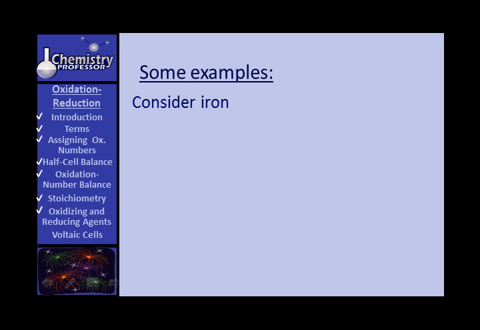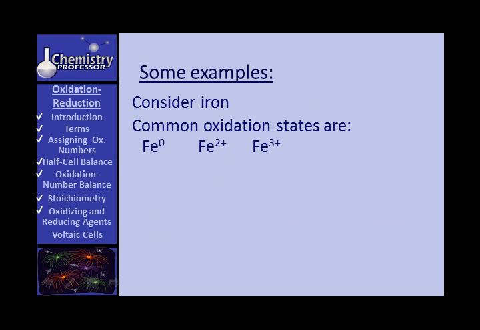Consider iron, for example. Now, the common oxidation states of iron are Fe at 0 when it's an element, Fe with a +2 charge, and Fe with a +3 charge. Are there other states that are very much less frequently occurring? Very possibly, but we're only looking at the common states.